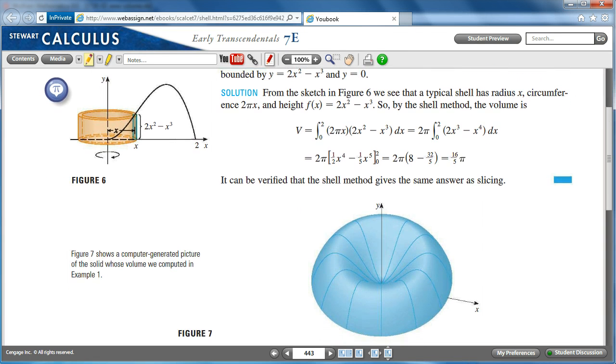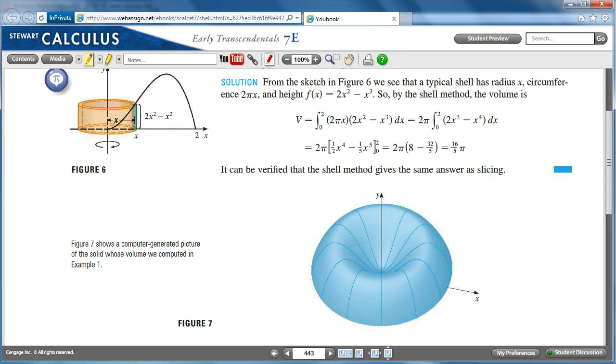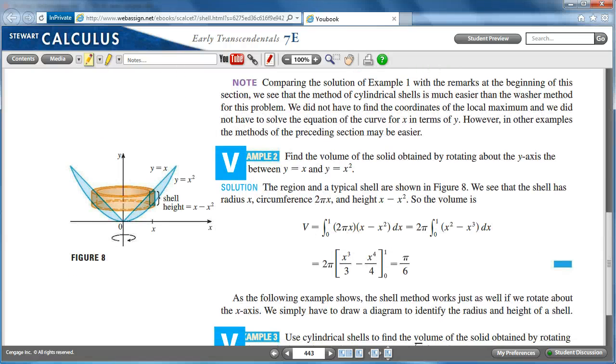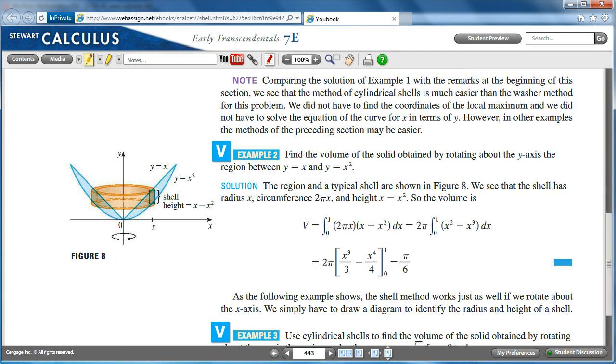But before that, let me show you this bundt cake kind of picture we already saw. Let's move on to an example like this one, figure 8. In this case, the height of the cylindrical shell will change because the top curve and bottom curve are both curved, not the x-axis, so the height will be the difference of y-coordinate values.